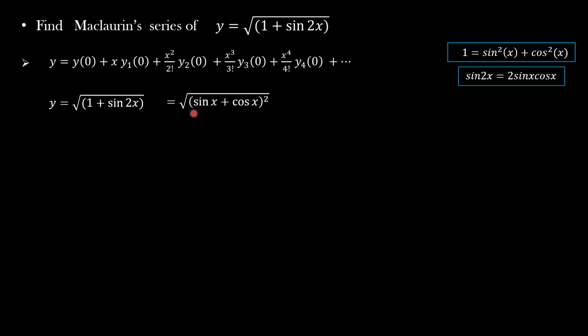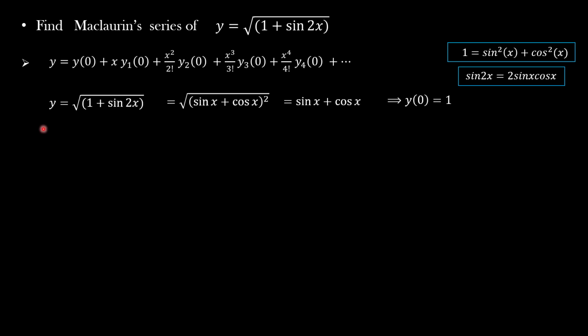So I can write root of 1 plus sine 2x as root of sine x plus cos x whole square, which is equal to sine x plus cos x. Therefore, y is equal to sine x plus cos x, which implies y of 0 is equal to 1.